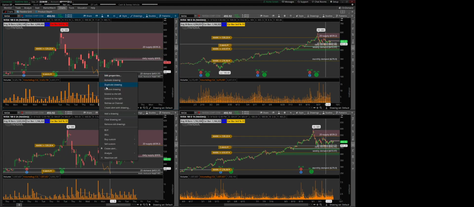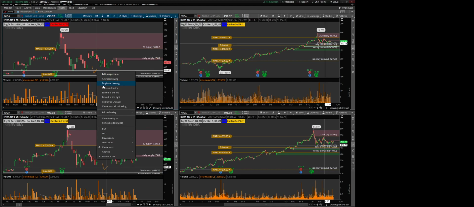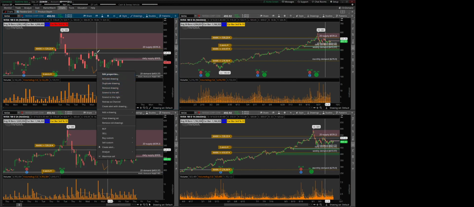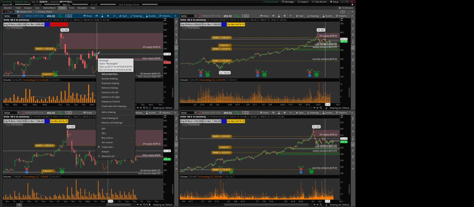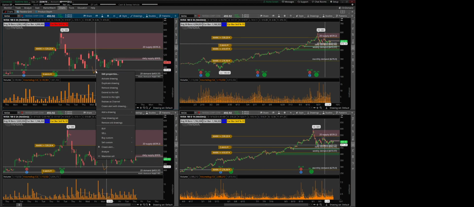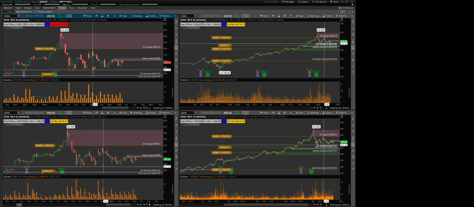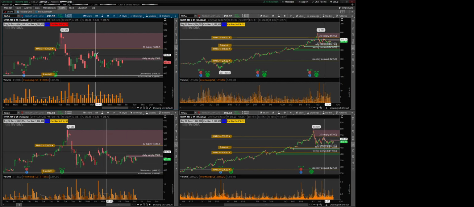So I want the basing candle to include the high of the pivot, which it didn't. The basing candle is probably like 5 points below this wick right here of the red candle. So it lessens the strength of this pattern.